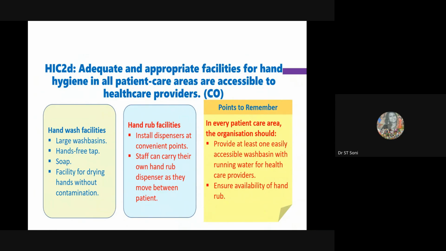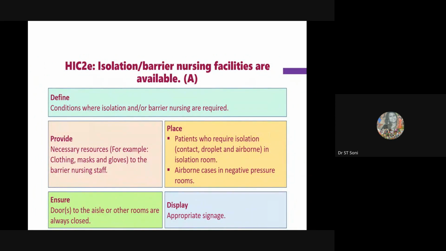Liquid soap should be available. In the ICUs, hand rub availability in between each patient should be there. So at least these are some important resources which are mandated and needed to carry out the IPC practices.